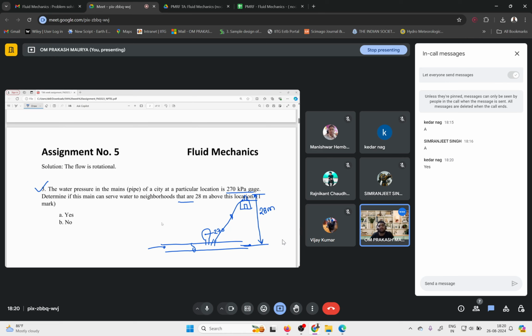Okay, Kedar is telling yes. Another student, please also try to give your answer. Okay, Simranjit is also telling yes. Another student, please. Or you can write A and B also.